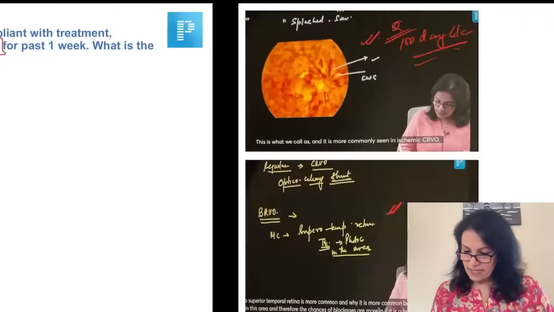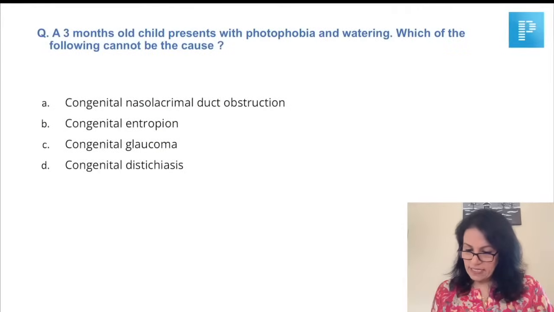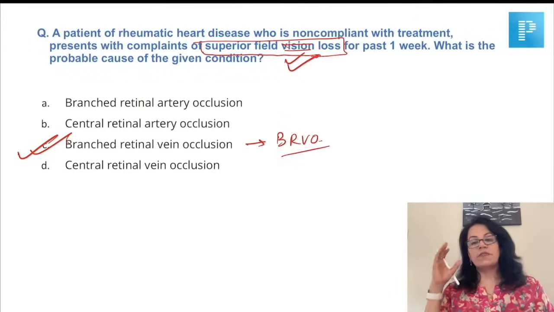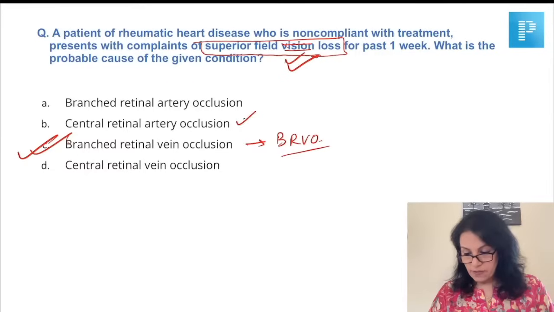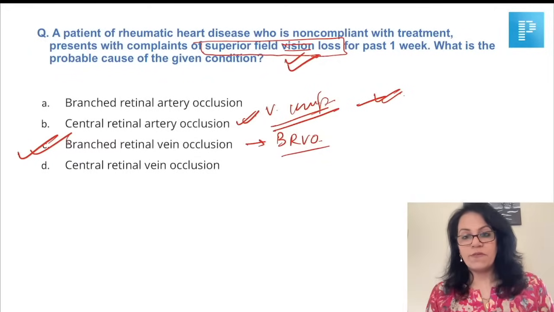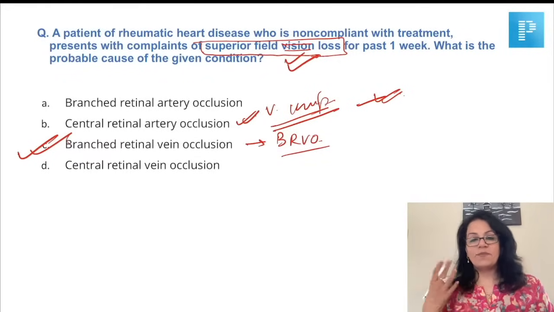Let's take the next one. So this all has been discussed. And of course, for your further exams, revise central retinal artery occlusion, it is a very, very important topic. You all know this, correct? Cherry red spot, edema in the retina, right? We have to know it is causing sudden, painless loss of vision. It is mainly due to atherosclerosis, embolism.